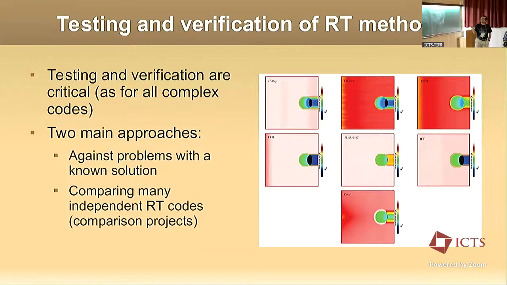And these are some other ones that existed at the time. I'm not sure they're all used yet. But you see that for all of them, the shadows are quite different. Some of them have a little bit of leaking in the shadow, sometimes quite a bit of leaking, sometimes less. They're all different. The ray tracing ones tend to agree.